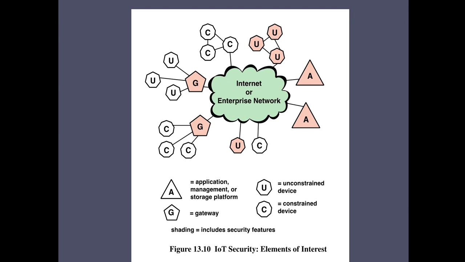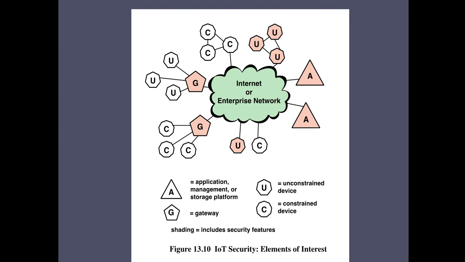But at the edge of the network, you will find the IoT devices, some of which are very simple constrained devices, and others are more intelligent unconstrained devices. Here, C is constrained and U is unconstrained devices. Also, some of them are shaded devices and some are not shaded. The shaded ones indicate that these systems support at least some security features.